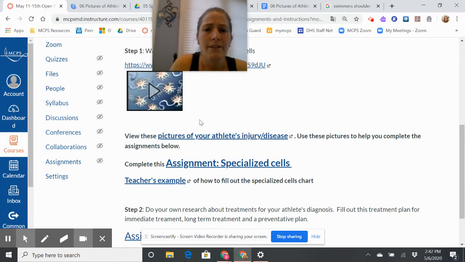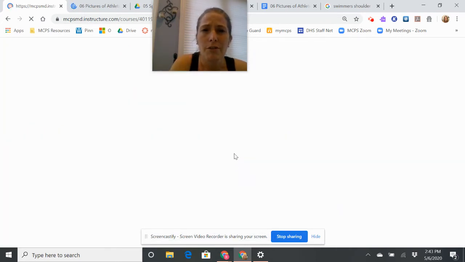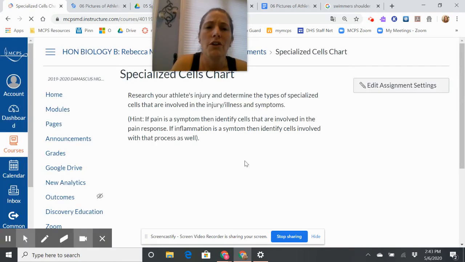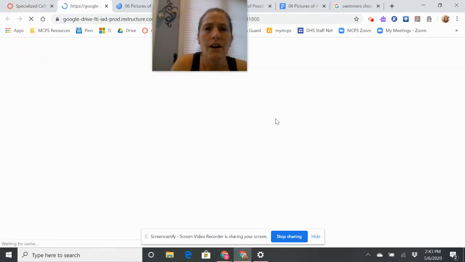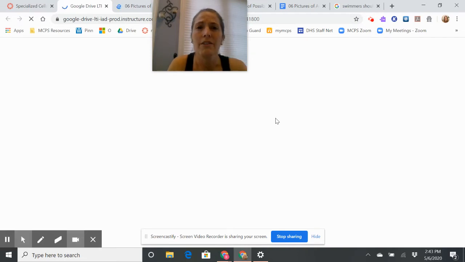So using that, your first assignment is a specialized cell chart. In this chart, you're going to be talking about different types of specialized cells, and you're going to be telling me if those cells are involved in your athlete's injury. The top part of this is you going back and telling me the symptoms of your injury, because it's not just, oh, they hit their head.